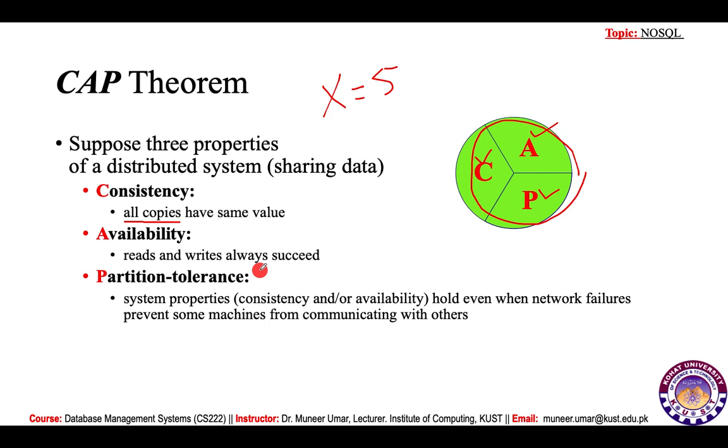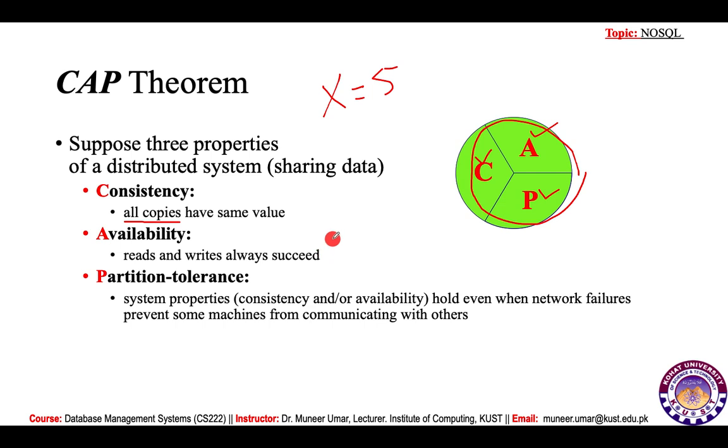Consistency and availability hold even when a network failure prevents some machines from communicating with others.